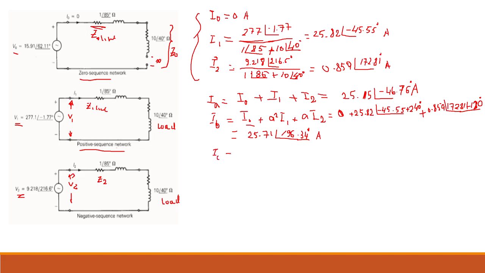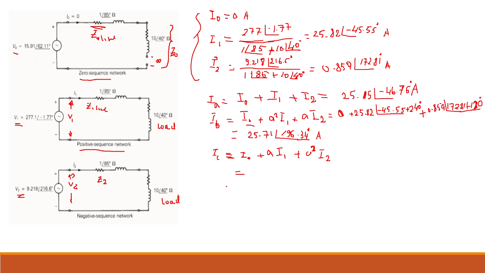The same applies for calculating IC. IC equals I naught plus I1 plus A square I2, and we conduct the calculation by the calculator.